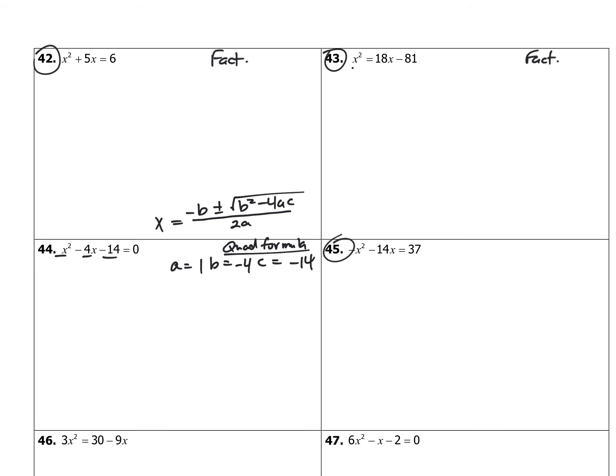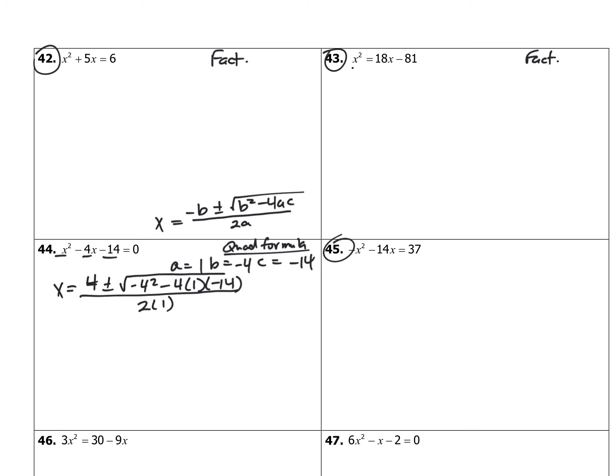All right, so x equals -4, which is going to turn into +4, plus or minus the square root of b squared minus 4 times a times c all over 2 times a.